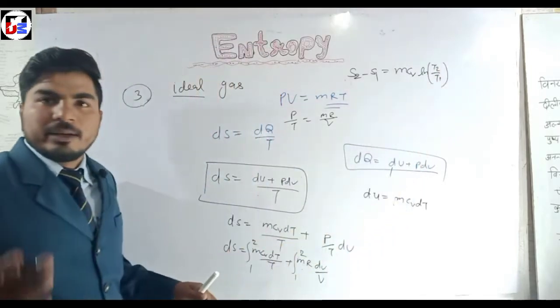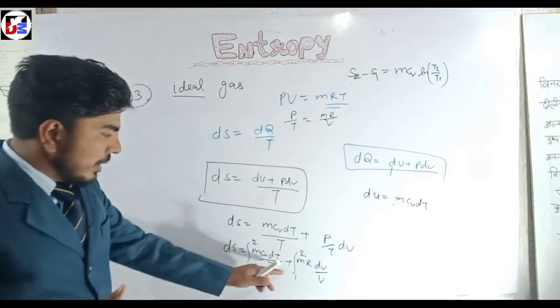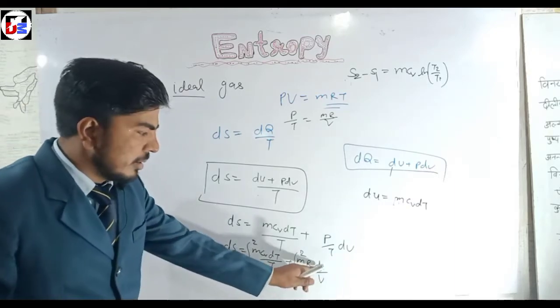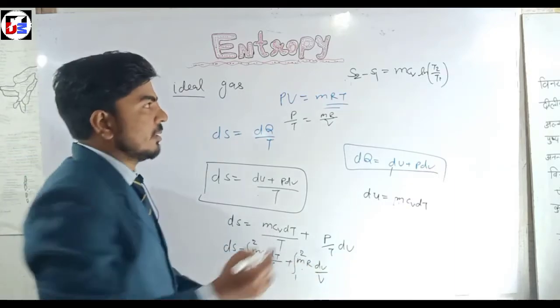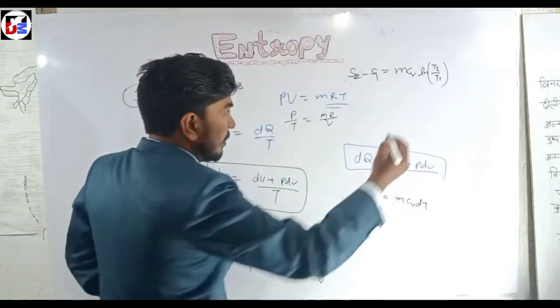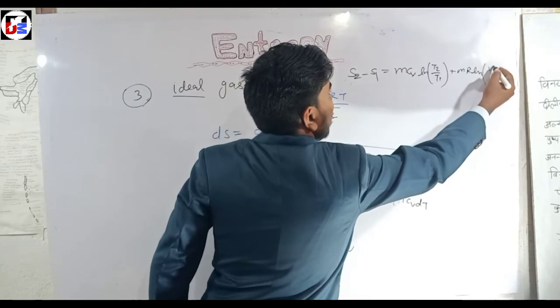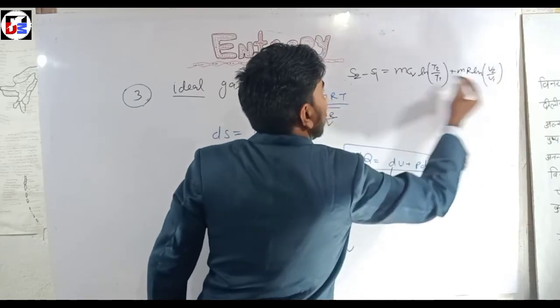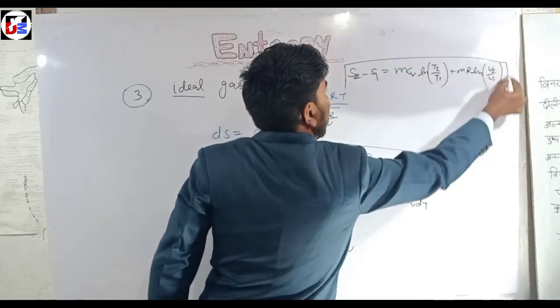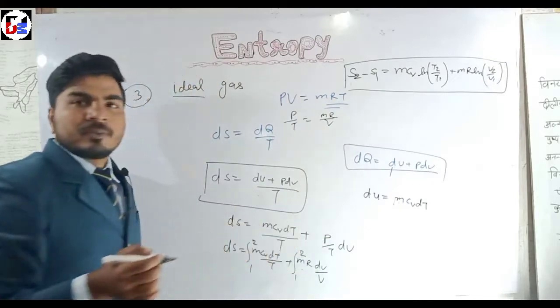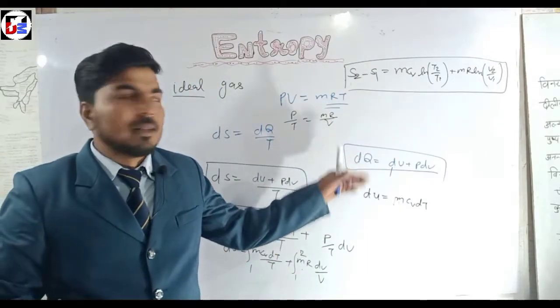We already integrated this in the previous case. And mR dV by V, here also dV by V, you can write plus mR ln V2 upon V1. This equation is valid for the ideal gas entropy change.